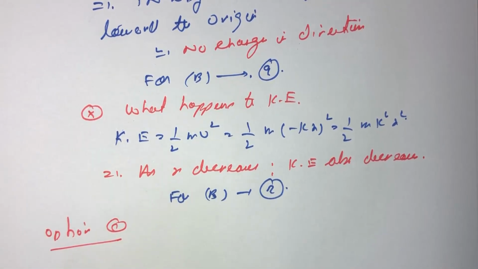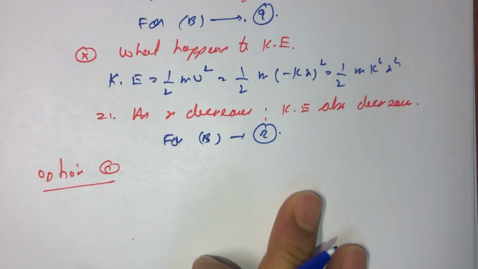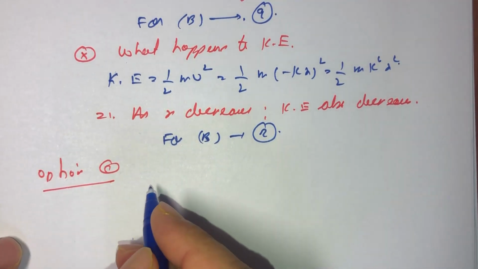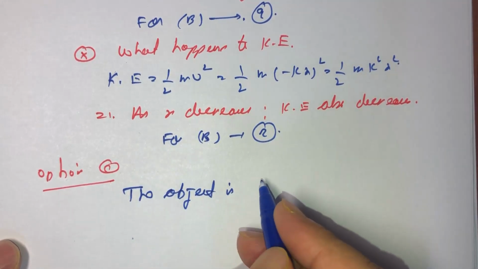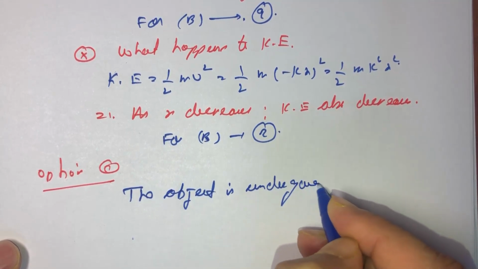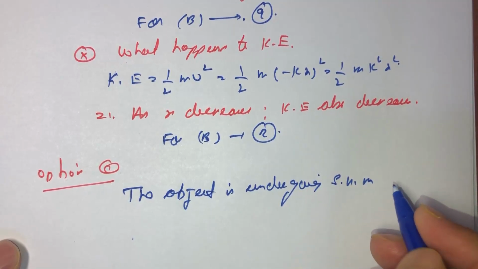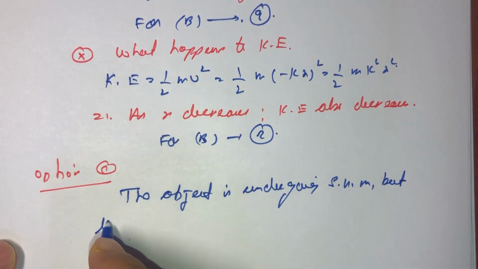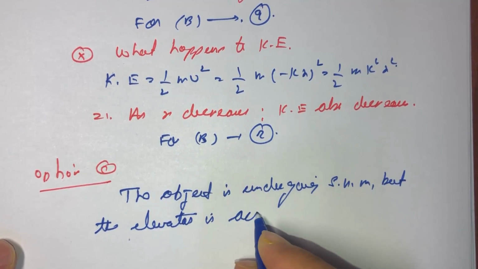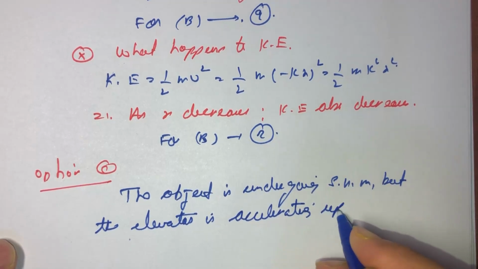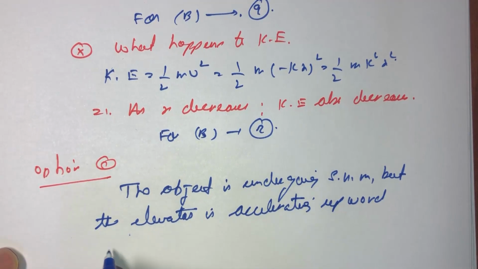So it says that the object is undergoing SHM, but the elevator is accelerating upward with constant acceleration a.